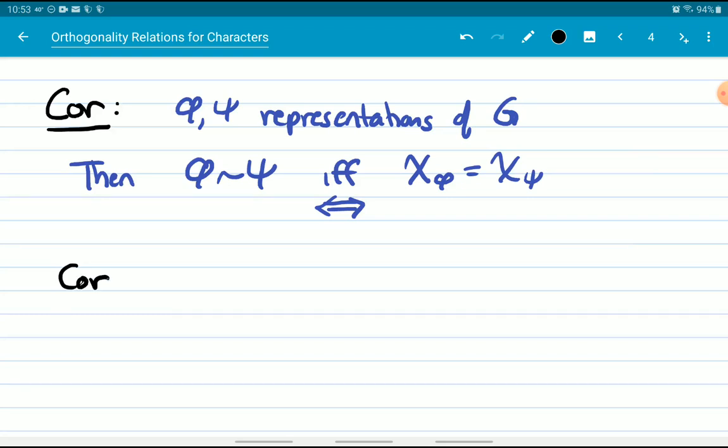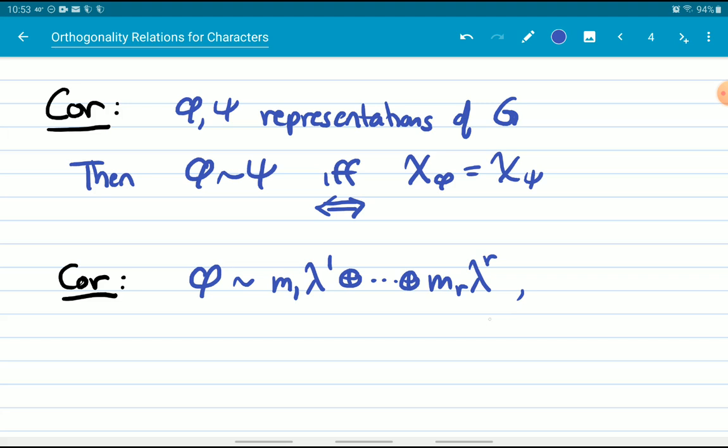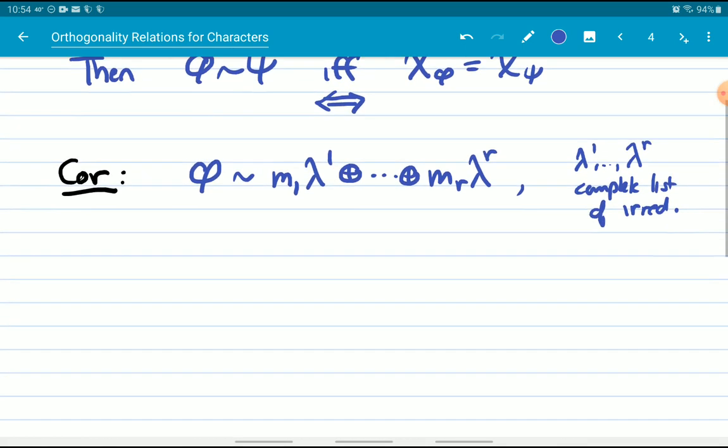Okay, one more consequence. If I have a representation and I write it as a direct sum of this list of standard irreducibles, so again, the lambdas are a complete list of inequivalent irreducible representations, so the mk's are the multiplicities, then, well, I can compute the inner product of the character of phi with itself, and there's a formula for that.